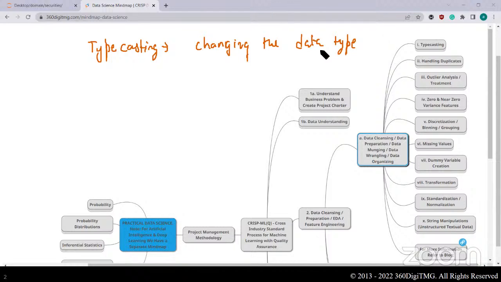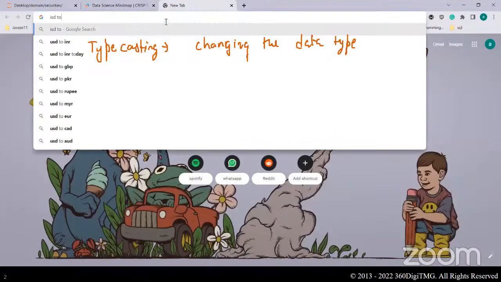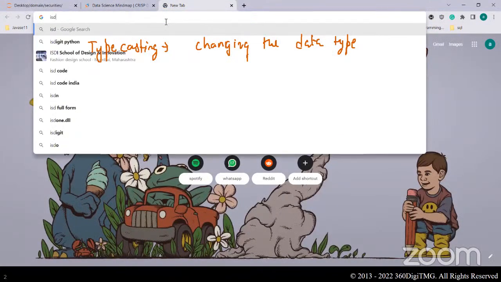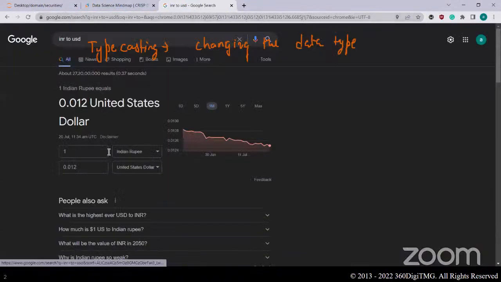So in typecasting, let's say, for example, you have some value. Let's take a look at this. If we compare INR to USD, if we keep a dollar here, it would be 80.02.